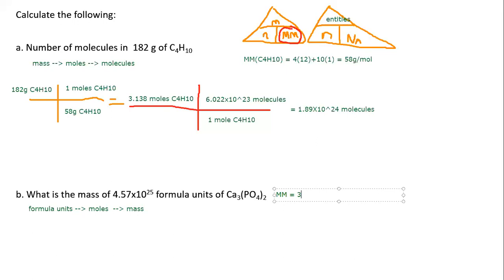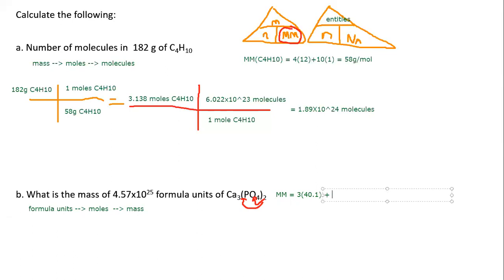So we have 3 calcium, 40.1. Now remember that this 2 gets distributed to the phosphorus and to the oxygen. So you have to do 2 times 4 to get the total number of oxygen in this compound.